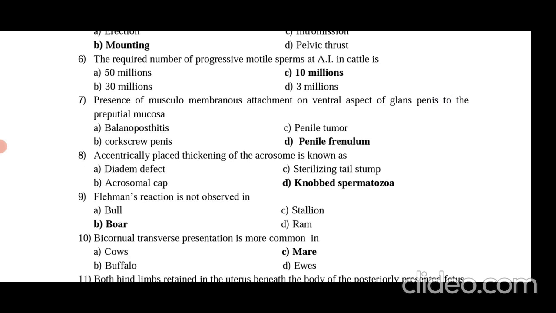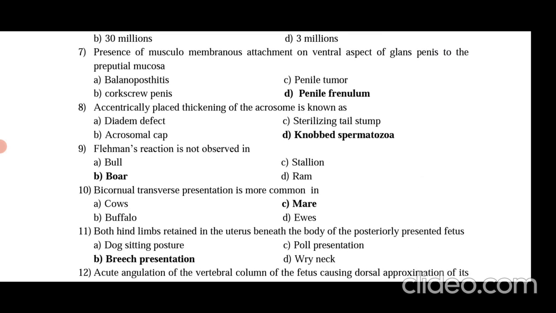Bicornual transverse presentation is more common in mare. Both hind limbs retained in the uterus beneath the body of the posteriorly presented fetus is breech presentation.